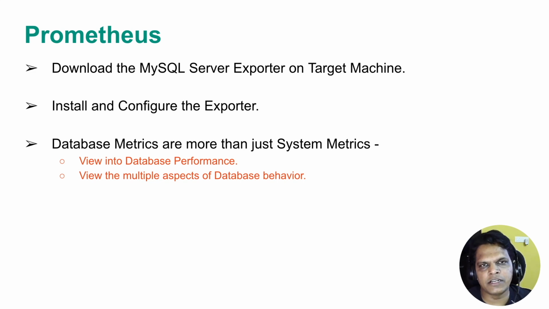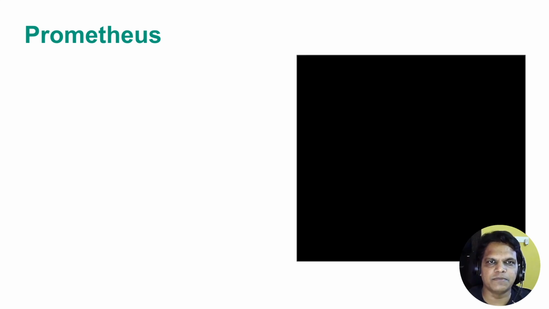Not only the performance, you can view multiple aspects of the database behavior, that is, how your database behaves under a certain condition. It's all up to the use cases you expect from your database, but with the database metrics, you can get a lot of details about your database and its performance.